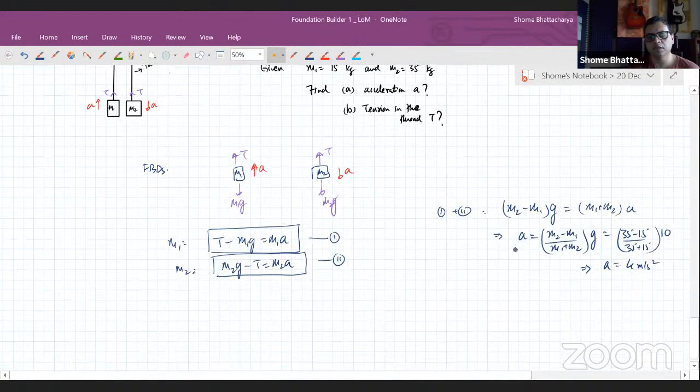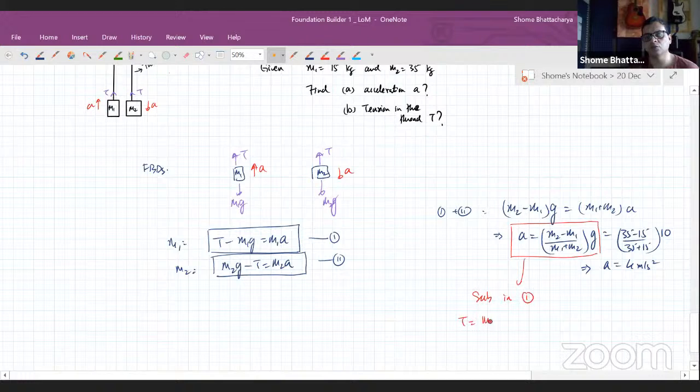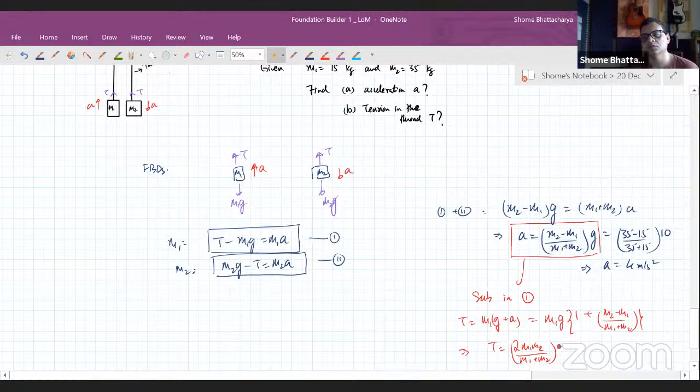Next up, you can eliminate acceleration by substituting this in any of the equations. So you can substitute this value of acceleration in equation 1, for example. So T is equal to this, so that will become M1g into 1 plus (M2 minus M1) upon (M1 plus M2). So you can see that the tension becomes like this.